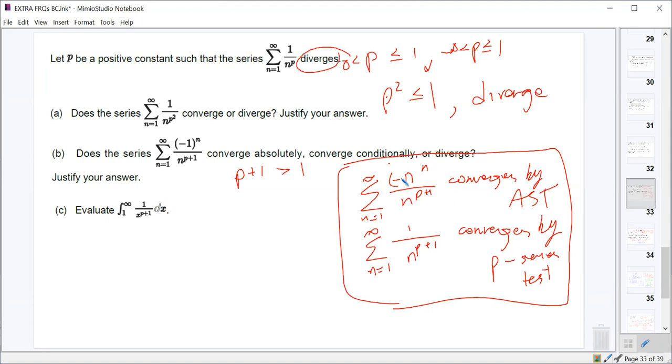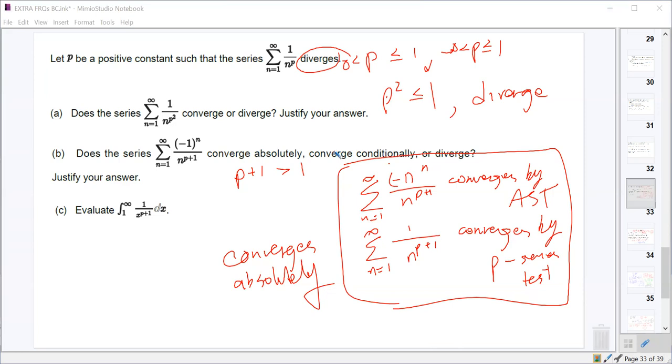So that would work as well. We would say that this converges absolutely. Everybody good with that? That was a pretty straightforward one. Cool.